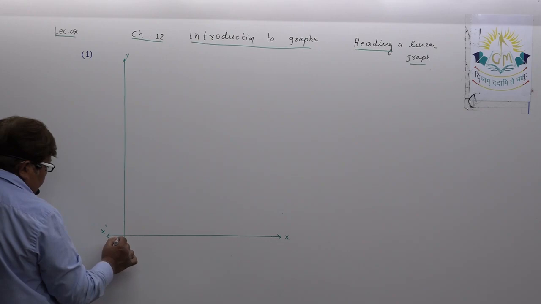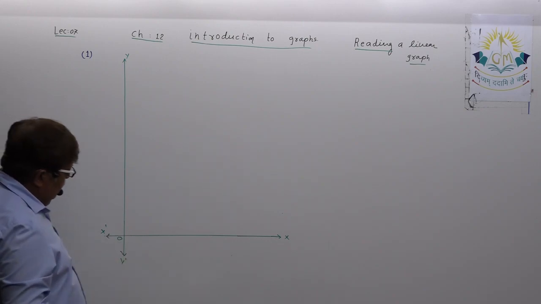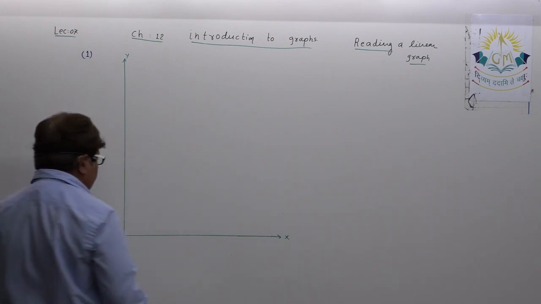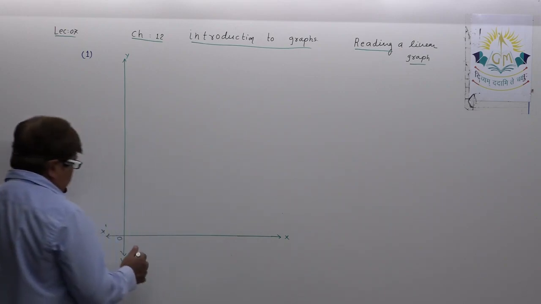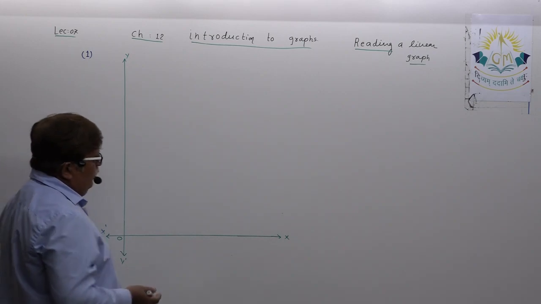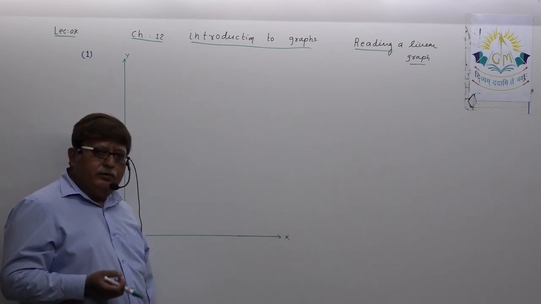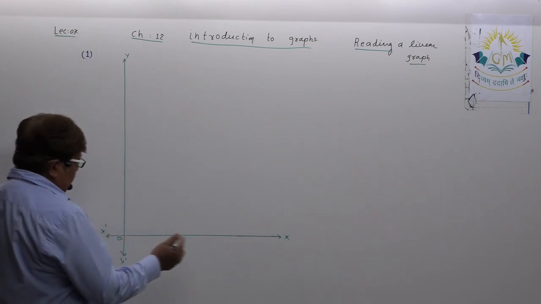X dash, this is the origin. This graph will be given to you in the exam. Understand? And based on the graph, the questions which are asked need to be answered.